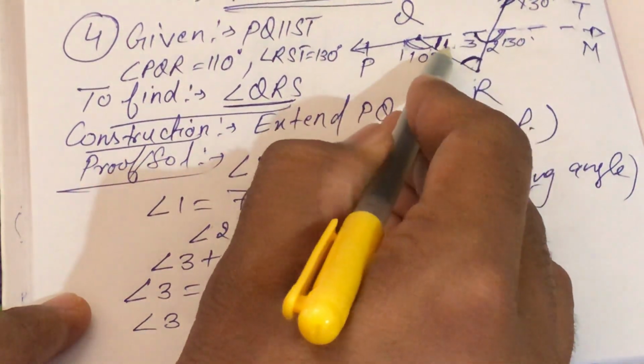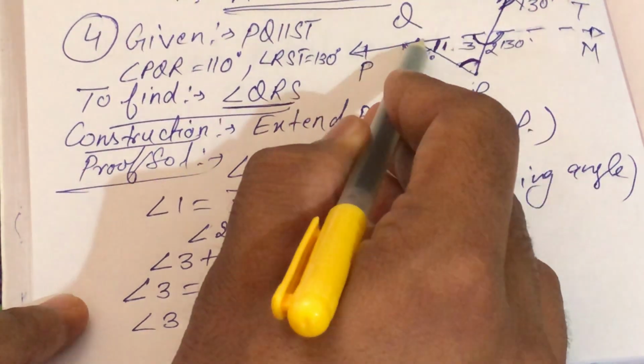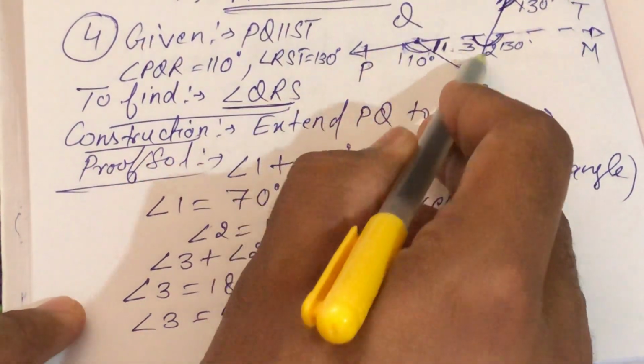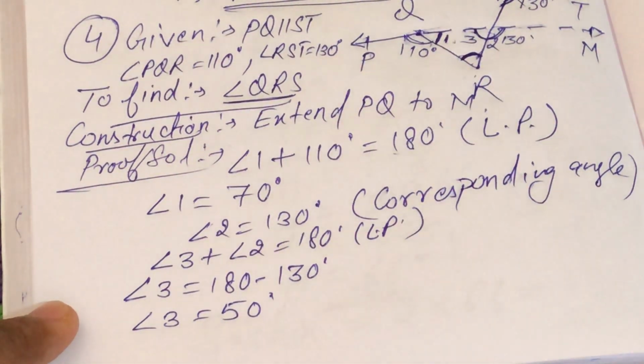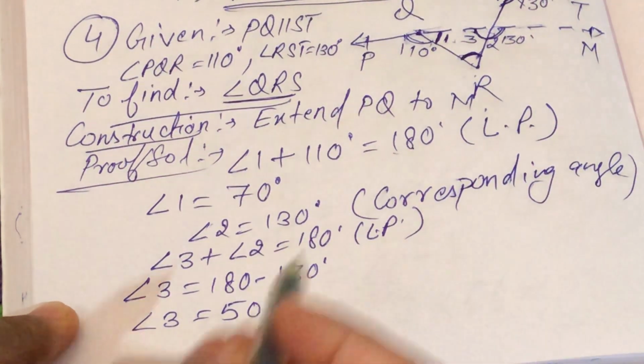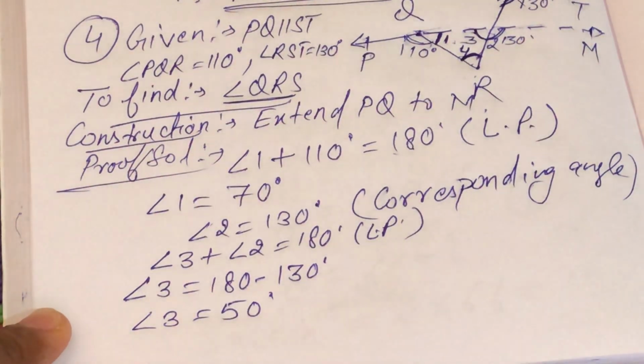Now we are having, see, angle 1, angle 3, and this QRS we need to find out. See, they are forming a triangle. एक triangle बन रहा है and sum of all angles of a triangle is 180. जो हमें find out करना है इसको मैं angle 4 नाम रख देता हूँ.